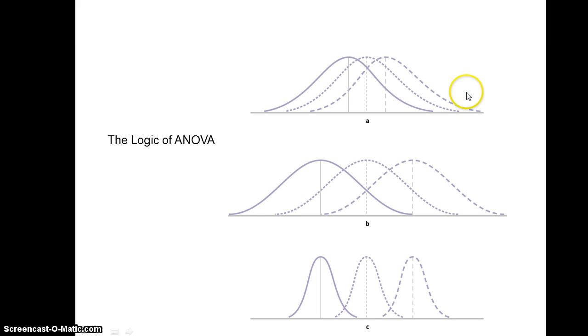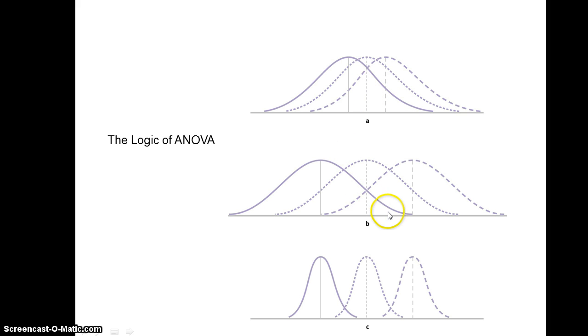So again, here we're talking about degree of overlap. Here we've got three means that are fairly close together, and you can see there's considerable overlap among these three different distributions of scores. So in this case, we would expect to have a low F statistic.